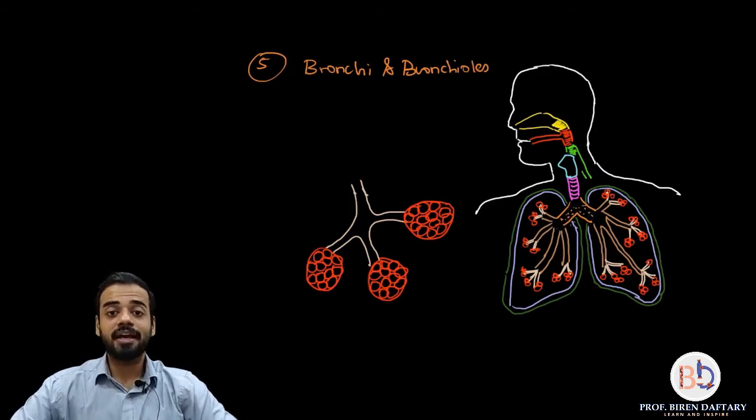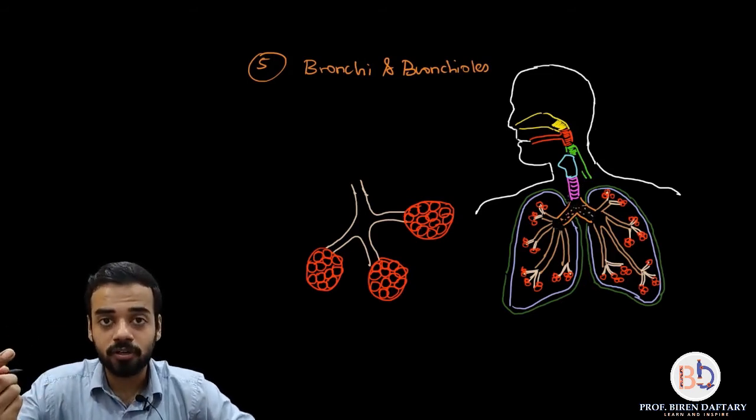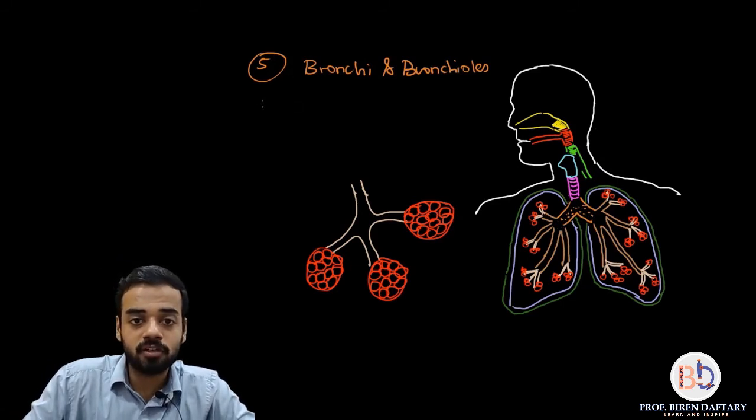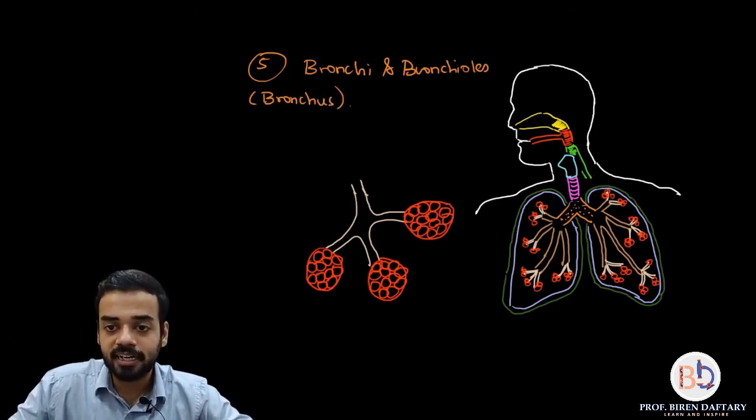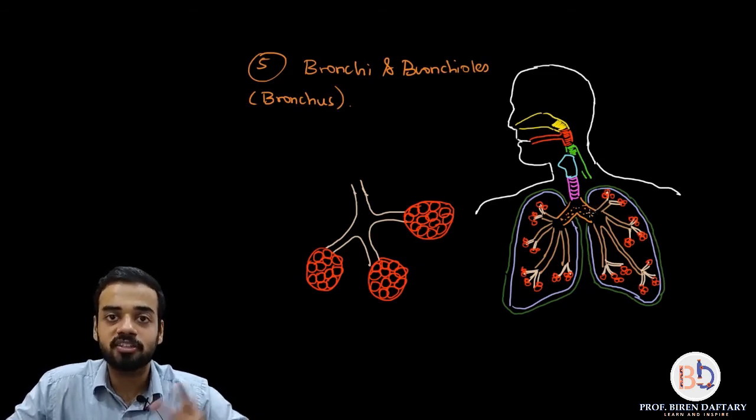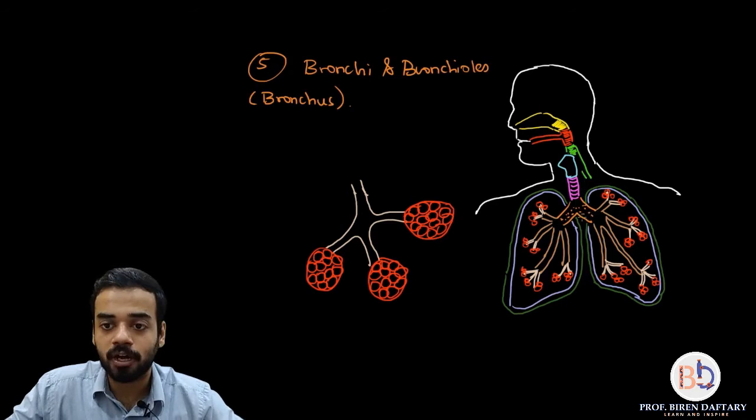Bronchi is a plural word. The singular of that word is bronchus, B-R-O-N-C-H-U-S. So bronchus is single, bronchi is plural. The trachea divides into two parts. Each part is called a bronchus, and both together are called bronchi.